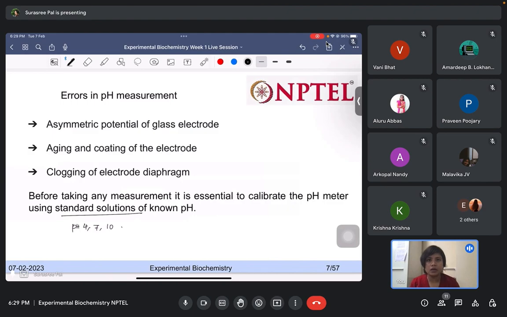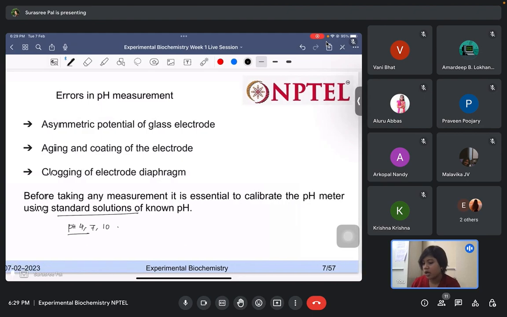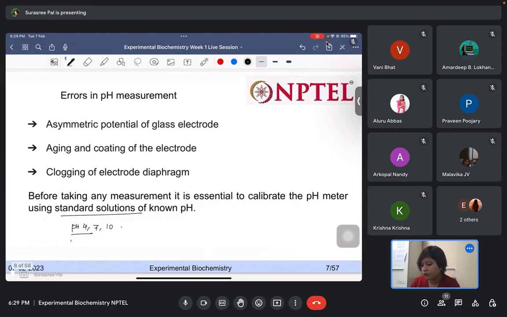So what happens here is that it measures the pH, right? And suppose when we have dipped it in the solution of pH 4, it shows a pH of 4.3, right? But we know that this is a solution of pH 4, so the pH meter must display pH 4, not pH 4.3.